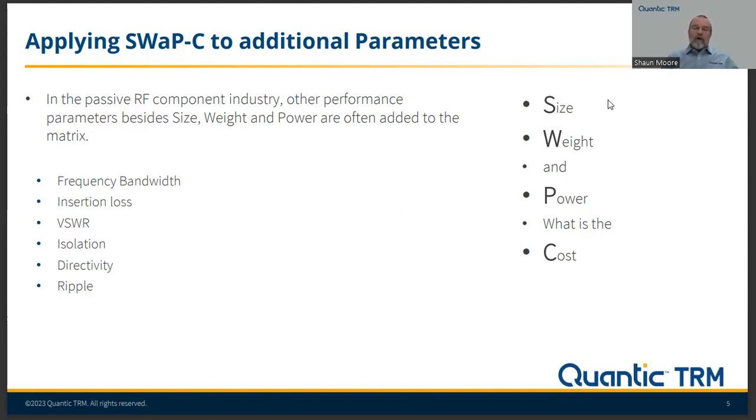Within networks, for example, you don't always want a part that handles a lot of power, because power and size very much are opposite. When you get a part that handles, say, 10 kilowatts, it's going to be a very large part.